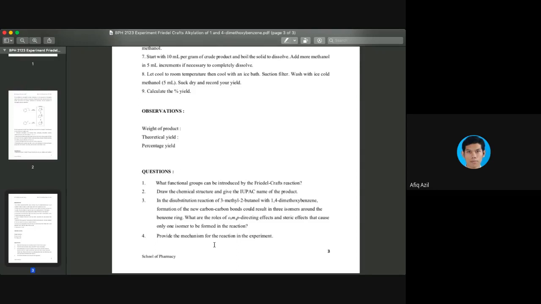Okay. And lastly, provide the mechanism for the reaction in the experiment. So the mechanism is basically you can use the general mechanism as a guide, just replacing with the compound. Starting material will be different, and the substituents that are coming in are different.